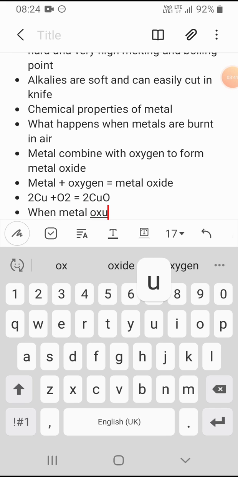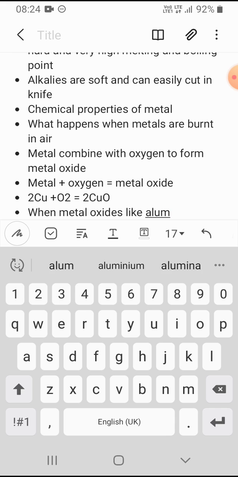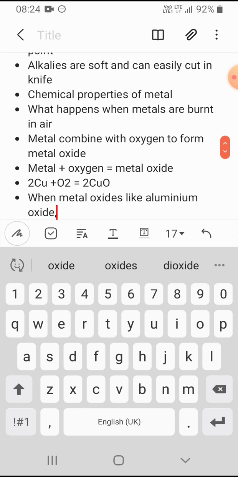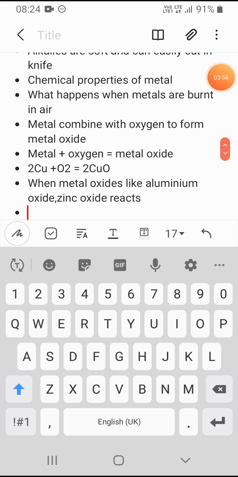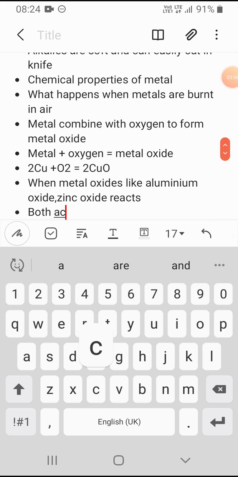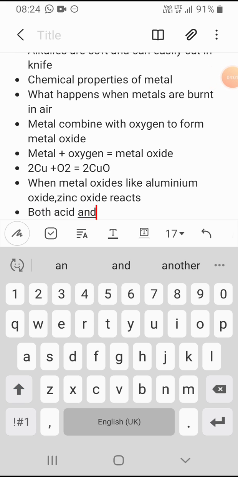And also, metal oxides like aluminium oxide and zinc oxide react with both acid and base.